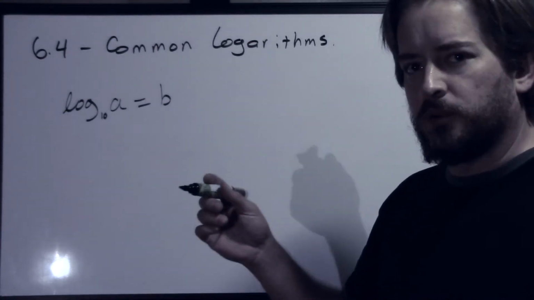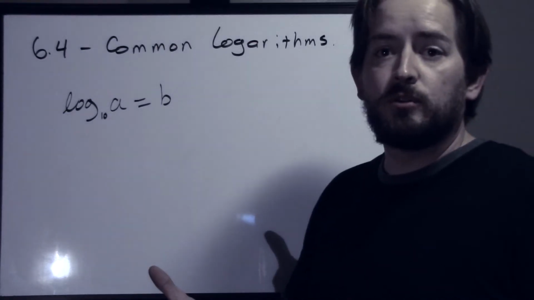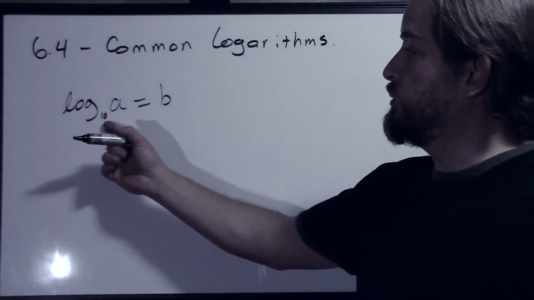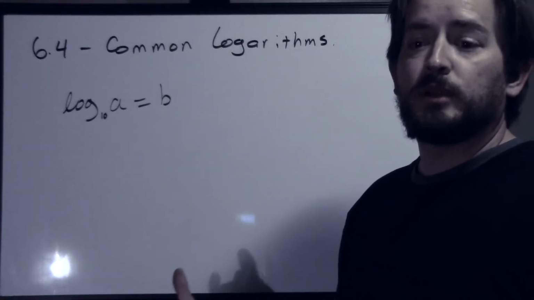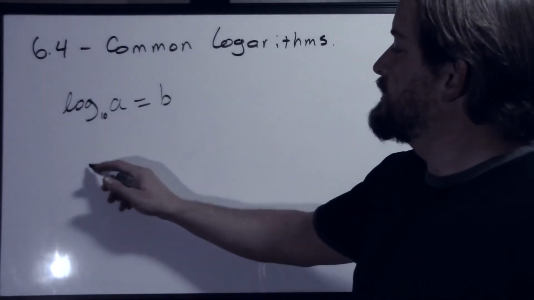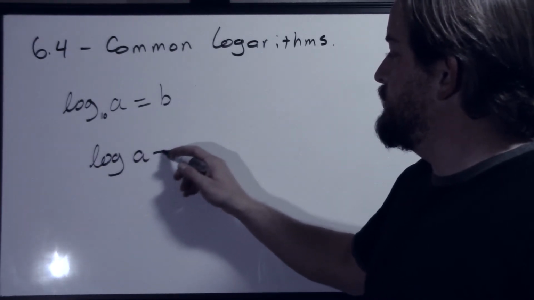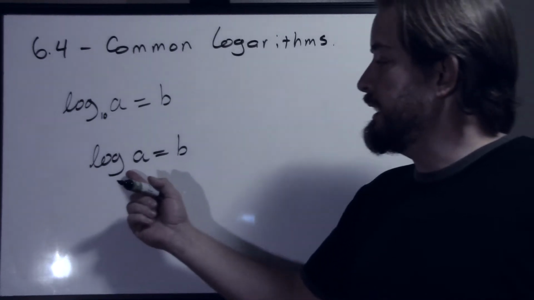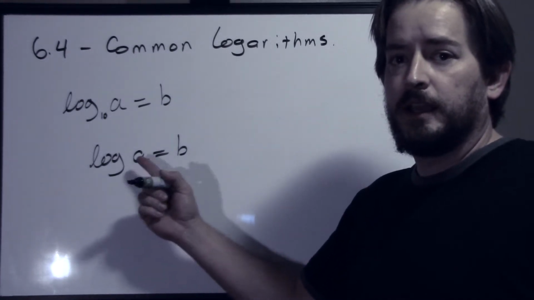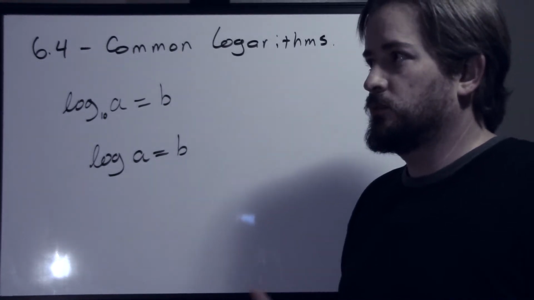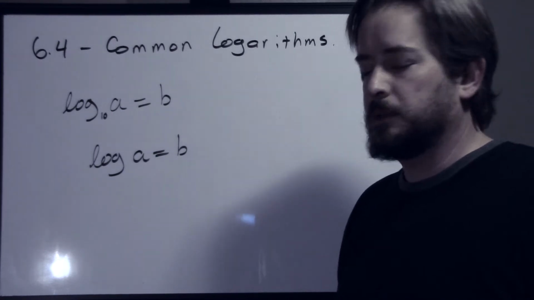When you see a square root without an index, it's an implied 2. In this case, when you have a log without the base written, it's an implied 10. So if I have log of a equals b, this is implied to be base 10. And I should know that simply because it's the common log, right?